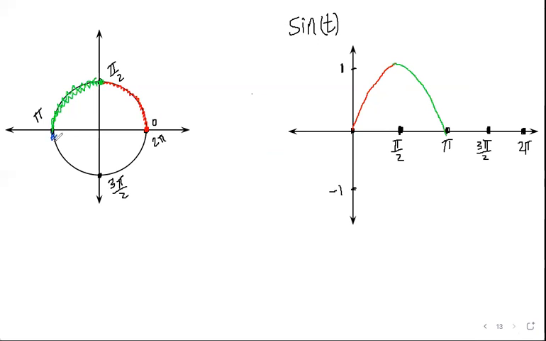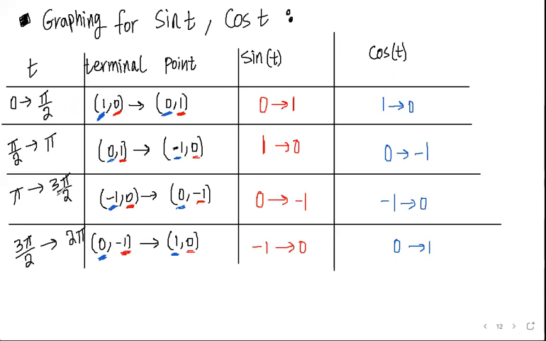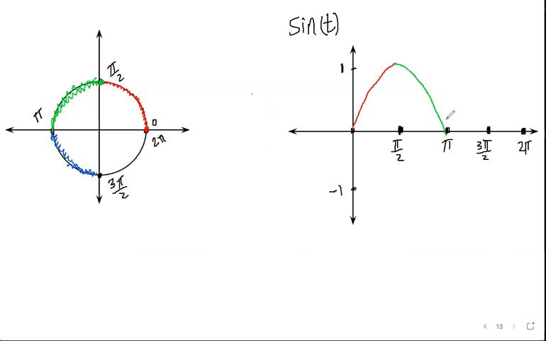From here to here, this is from pi to 3 pi over 2. From pi to 3 pi over 2, the sine function goes from 0 to -1. So here is 0, and here is -1. The value goes like this.